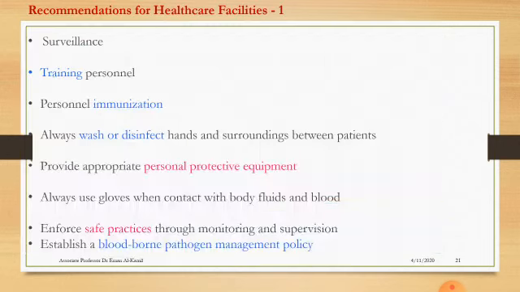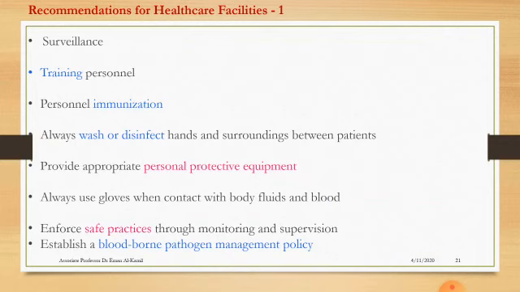So the recommendations for health workers can be summarized by the following. First, surveillance. We should know how many individuals are exposed and register the cases of accidental exposure to these infections.